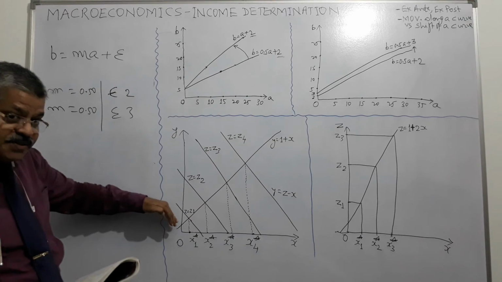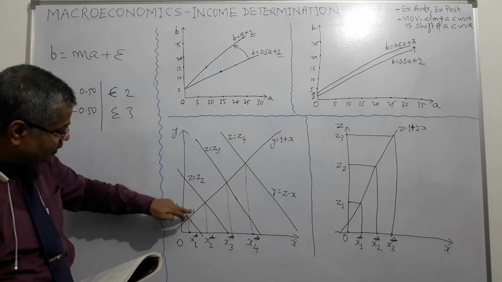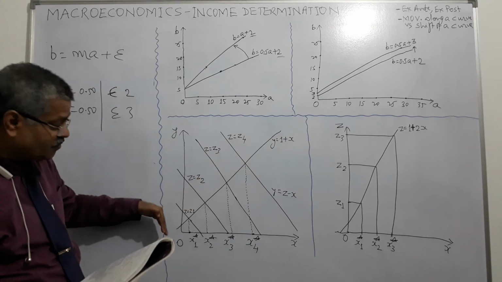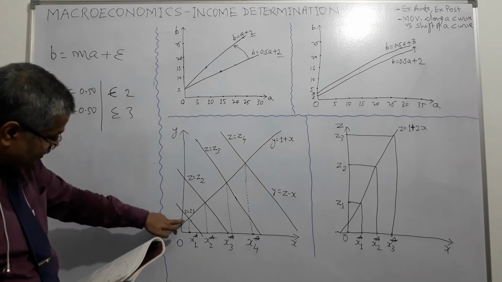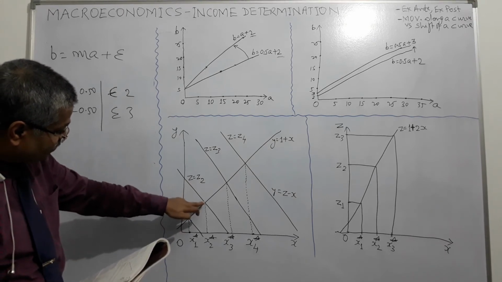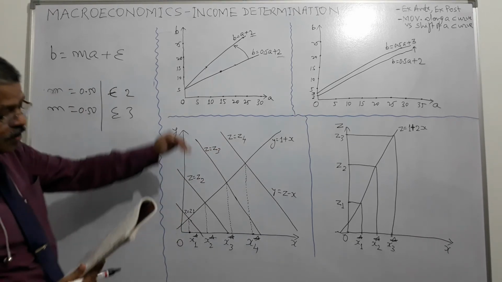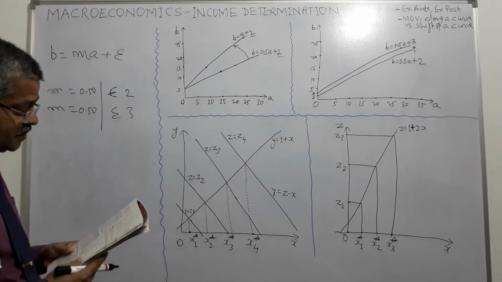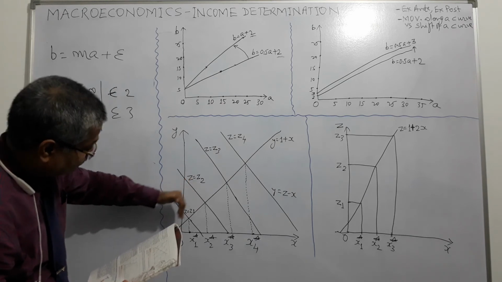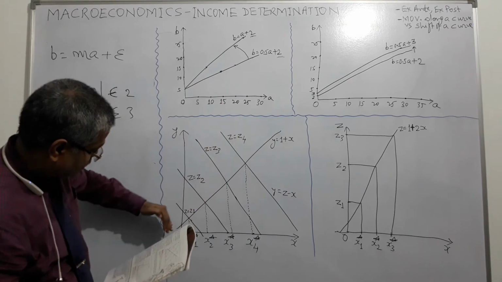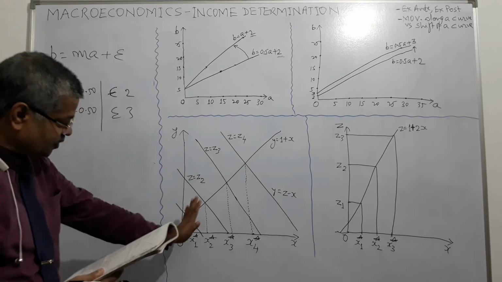When the value of z increases, here the value of z is 1, here 2, 3, 4, which we have written. When the value of z increases, what happens? The first line will undergo parallel upward shift, as shown in this figure, right?